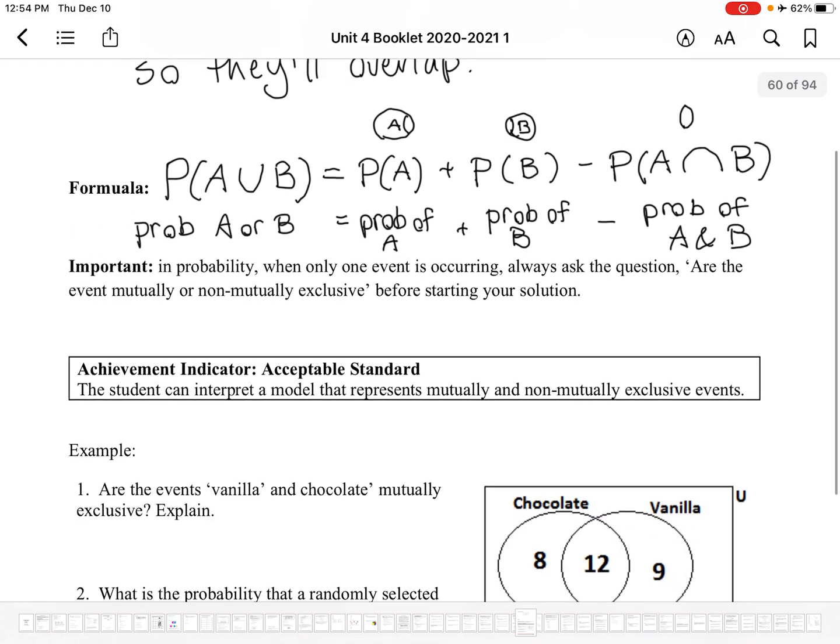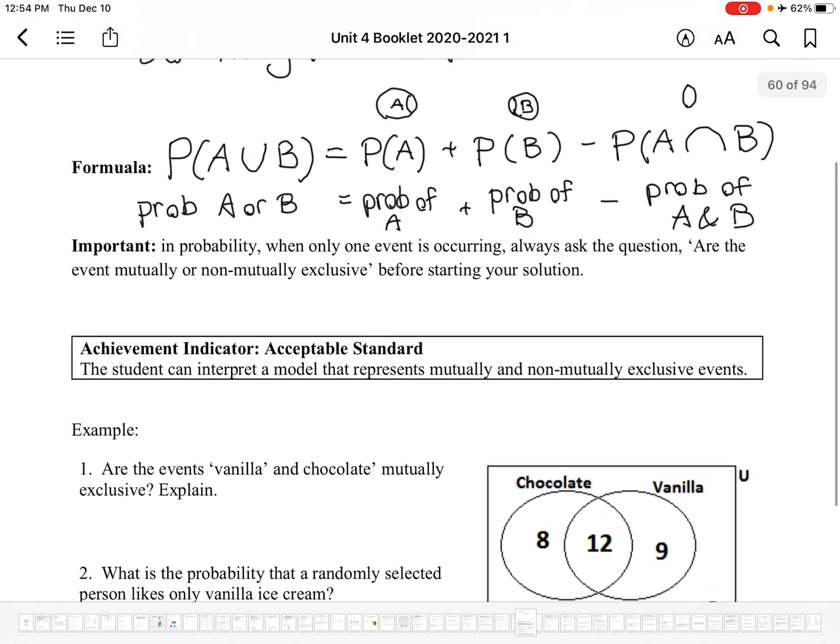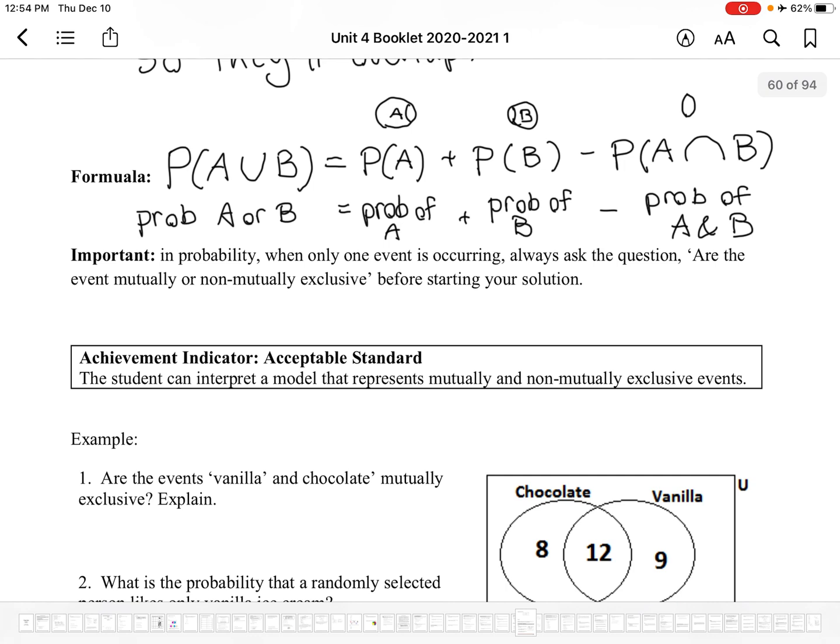One thing I should say before we move on to some examples is that this formula is great to use if you don't have the ability to actually write the sample space out or draw a Venn diagram. But if you can either write out the sample space or draw a Venn diagram, I personally find that strategy much, much easier.